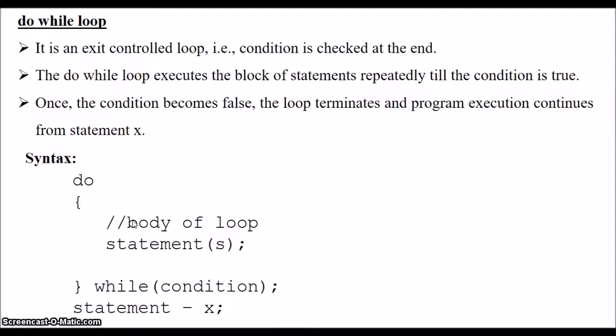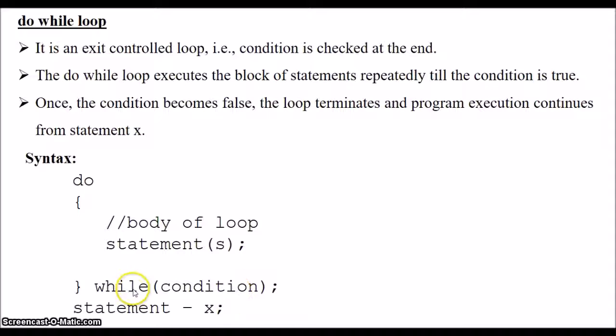How this do while loop executes is, all the statements within the do while loop are executed. When it is exiting from the do while loop, the condition is checked here. If the condition is true, once again go back and execute all the statements within the body of the loop. Again, when we are coming out of the do while, check for the condition.